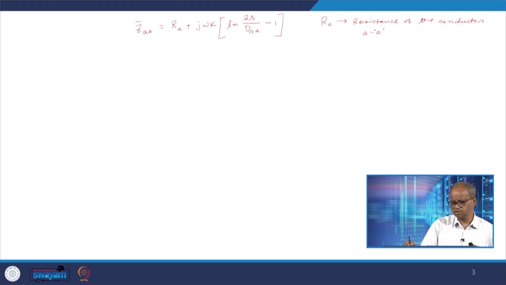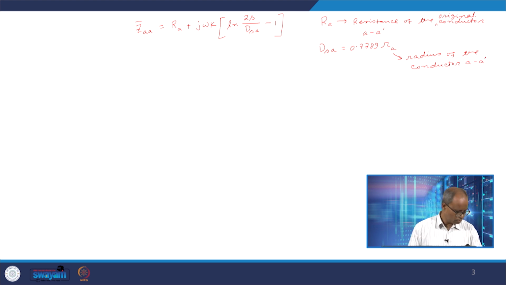Please note that the resistance is of the original conductor, and S is the length of the conductor, and DSA is actually 0.7789 into RA, and RA is the radius of the conductor AA dash, right.